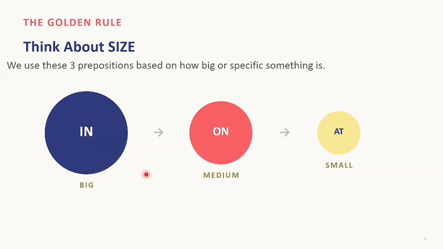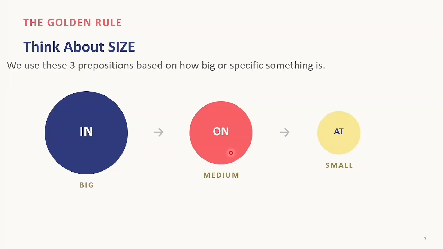In. Start from the big. We use in for big things, like when we are in a big country, in a big city, in a big room. These things are big for us, so we use in. The second one is on, medium. Use on for medium areas like a street, a floor, or a surface that you are on top of.